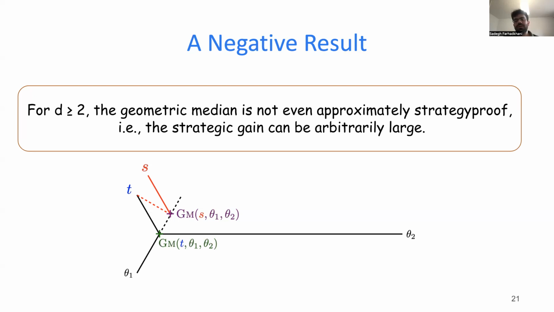And therefore, the strategic user can actually gain by misreporting their vector, which means that the strategic gain is positive and the geometric median is not completely strategyproof. As I said, what we prove in the paper is actually stronger than this, as we show that this strategic gain can actually become arbitrarily large in some corner cases.